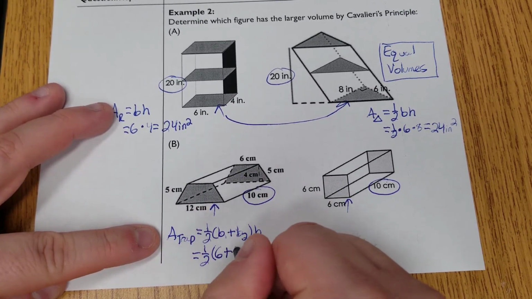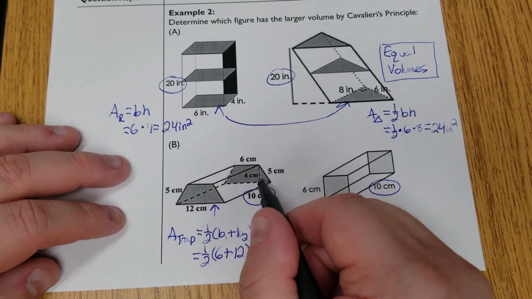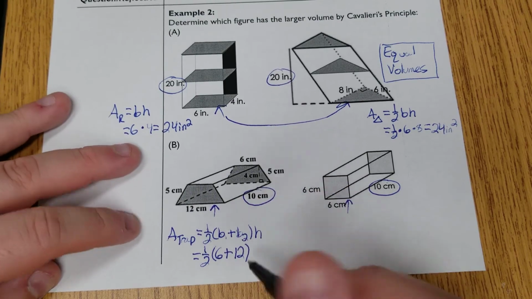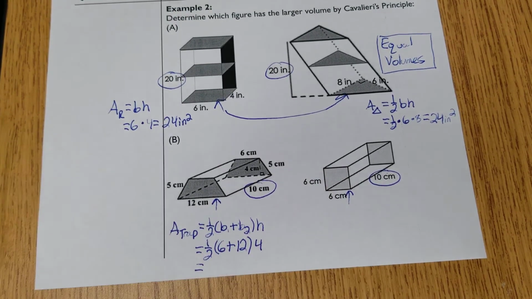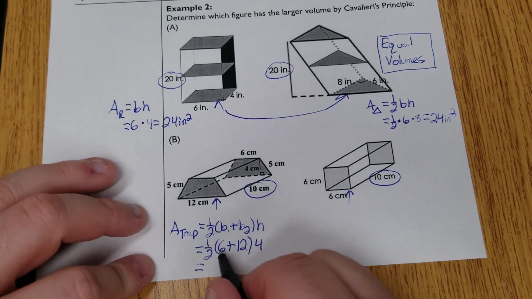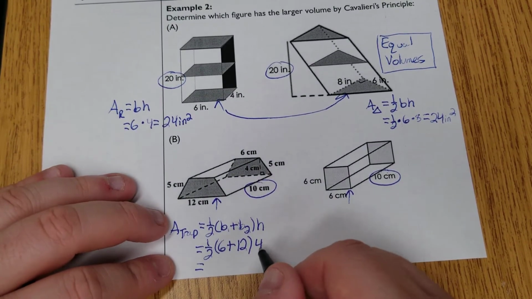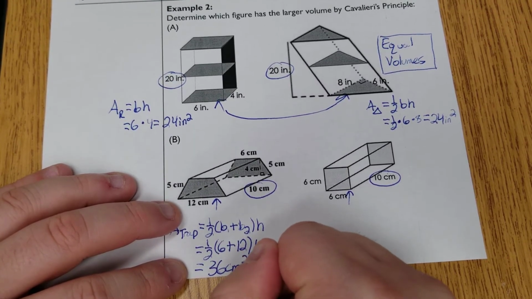So 6 plus 12. The height of the trapezoid, if we look at the back one, we notice we have 4 centimeters in the shaded part here. So it is 4 centimeters tall for the trapezoid. At which point we just go calculate this out. 6 plus 12 is 18. Half of the 18 is 9 times 4 gives us 36 centimeters squared.